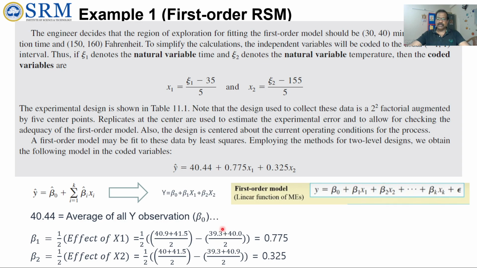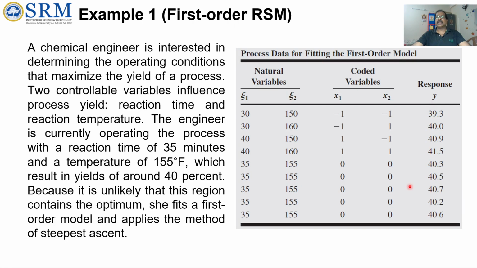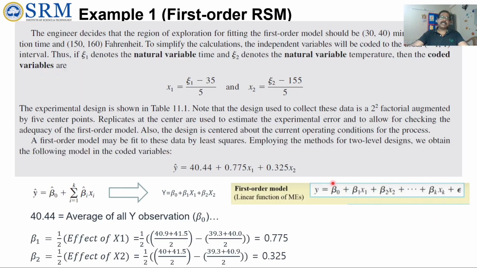From the table we have values like 39.3 plus 40 plus 40.9 and so on, plus 40.6. The average of all these values is beta 0, the first term in your first order model. We can calculate beta 0 from the average of all the y responses.